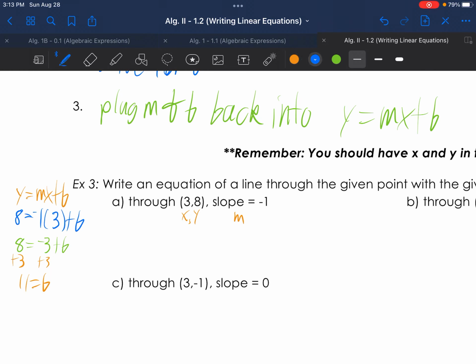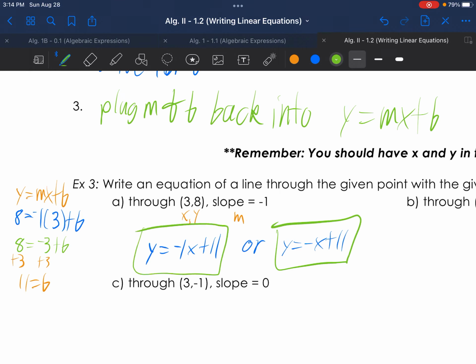So we take the original equation, y equals mx plus b, and we plug m and b in, but not x and y. So y equals -1x plus 11. Or you could write it as y equals -x plus 11, because you assume that there's a 1 there even though you don't see it. Most commonly, you'll probably see it written this way, though this way is not wrong.